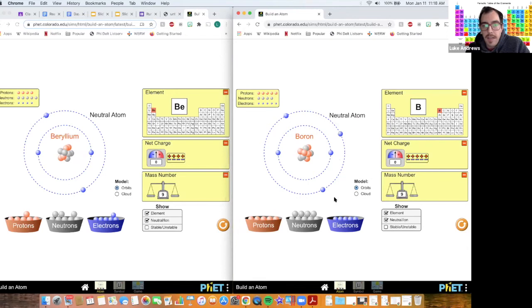So I have neutral atoms, mass number 9, but our protons are not the same amount. They're not the same atom. They're not the same element. As soon as our protons are different, we have a different element. The name of the element is here, beryllium for 4 protons, boron for 5 protons.